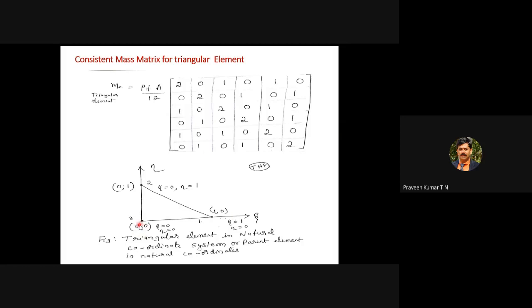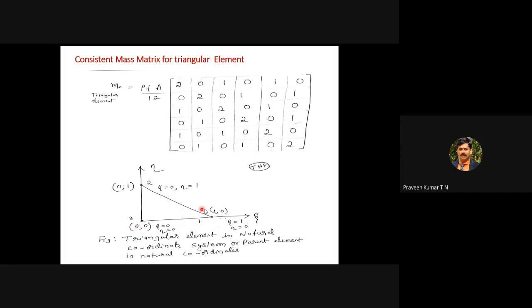Here xi is equal to 0 and eta is 0, which is node 1. This distance is 1 unit, so this becomes 1, 0, because from this point to this point the total distance is 1 unit: xi value is 1 and eta value is 0. When you come to node 3, xi value is 0 and eta along the y direction has value 1, so 0, 1. This is normally referred to as node 1, node 2 and node 3.